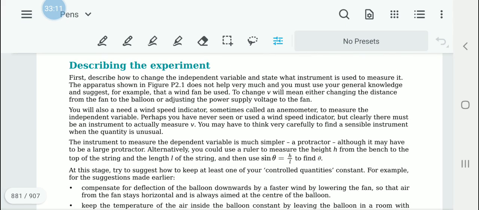When the experiment is described, we must include the instruments that we use to measure the different variables, and they should be sensible too.